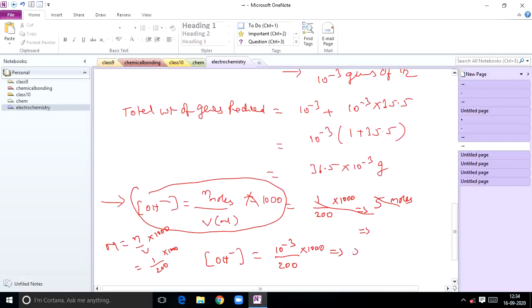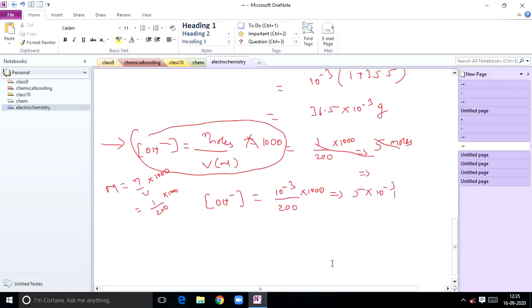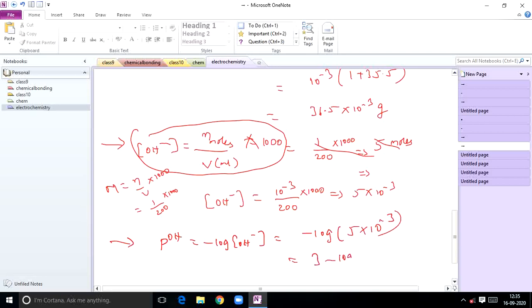So finally you will get 5 into 10 power minus 3. Be careful while calculating, very easy only. Number of moles of OH minus ions, how much? 10 power minus 3 from the equation. So 5 into 10 power minus 3, that is the OH minus ion concentration. From this, pOH is equal to minus log of OH minus ion concentration. So that is equal to minus log of 5 into 10 power minus 3, which equals 3 minus log 5.